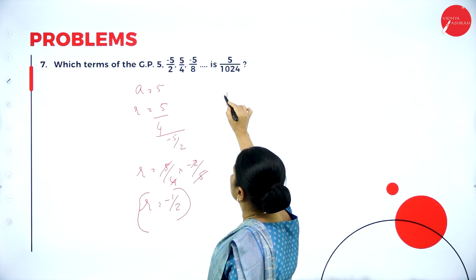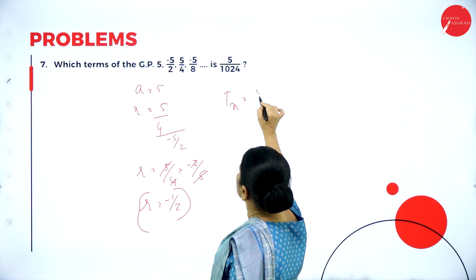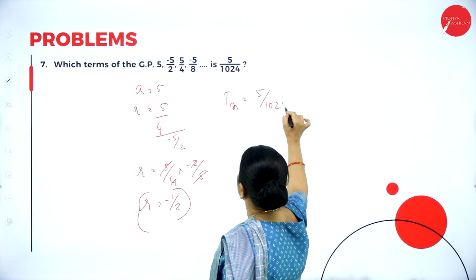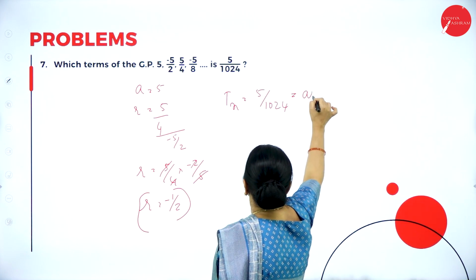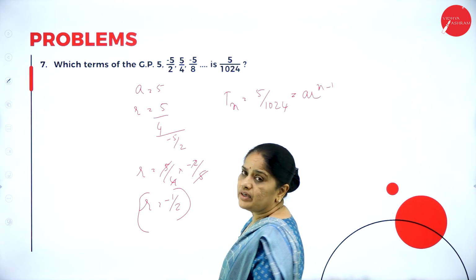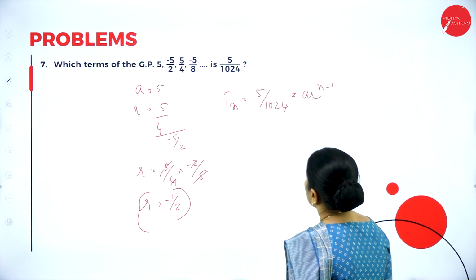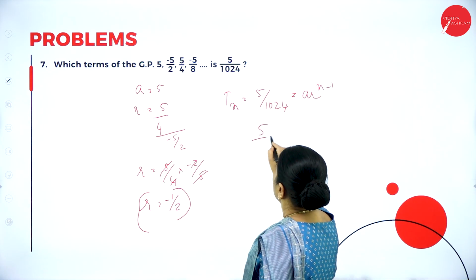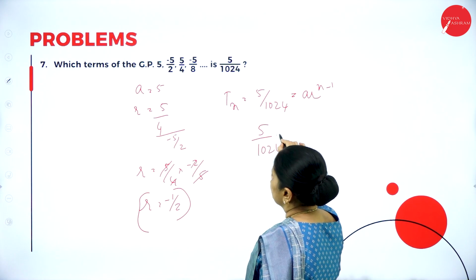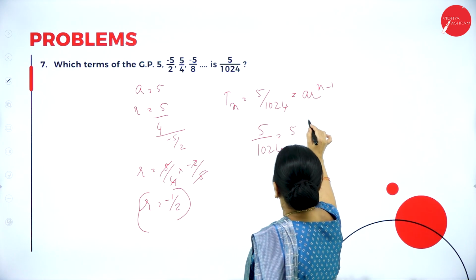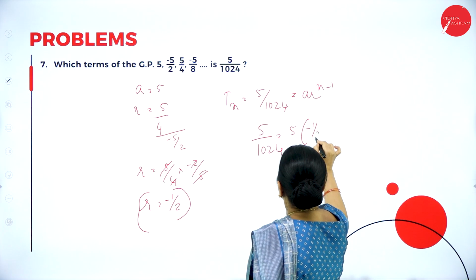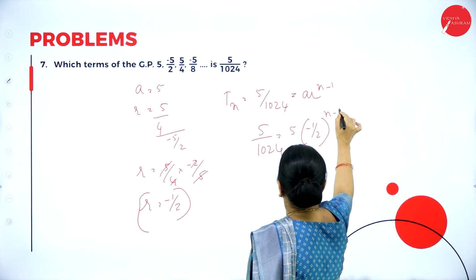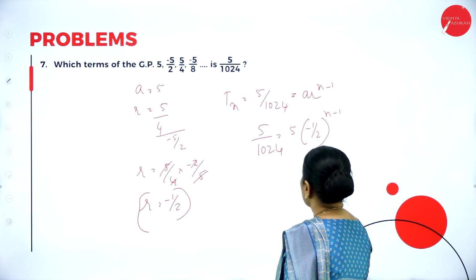So we have Tn equals 5 by 1024, that is equal to AR to the power of n minus 1. So 5 by 1024 equals 5 into minus half to the power of n minus 1.